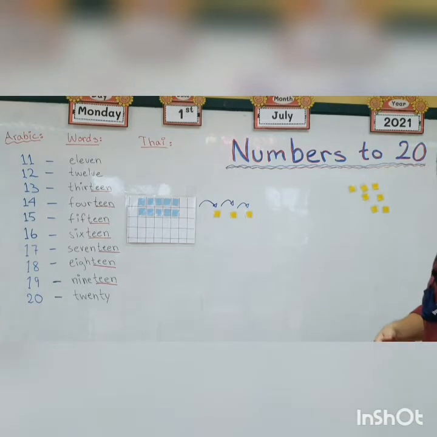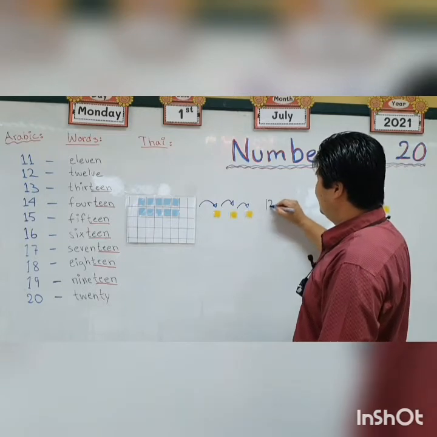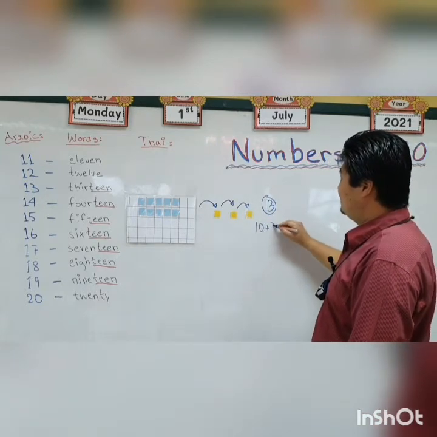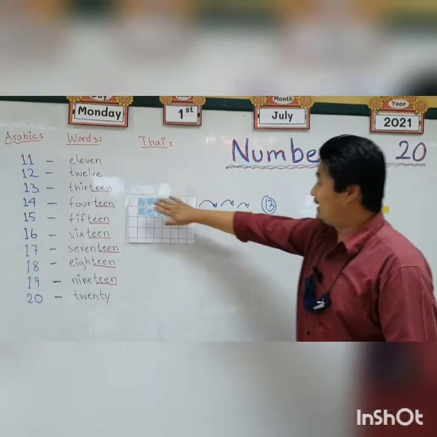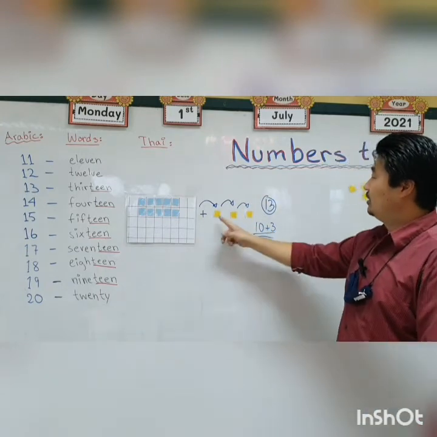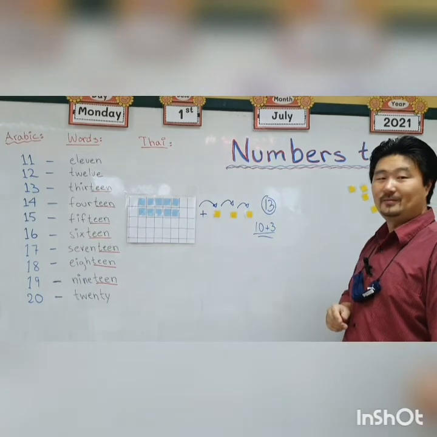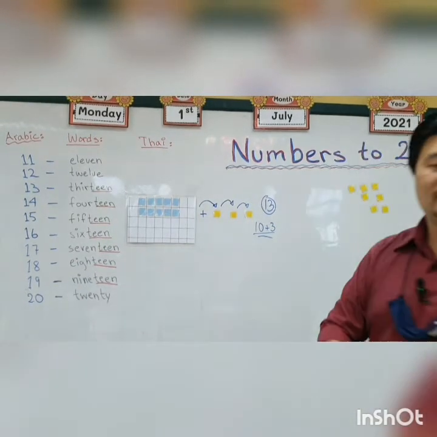Okay, so let's see. So this is 13. 13 is 10 plus 3, right? 10 plus 1, 2, 3. 10 plus 3. Okay, let's do another one. Change the color.